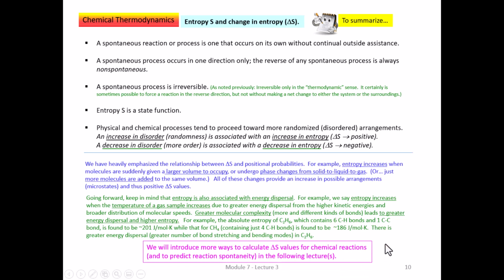Now, we will introduce more ways to calculate delta S values for chemical reactions and to predict reaction spontaneity in upcoming lectures.